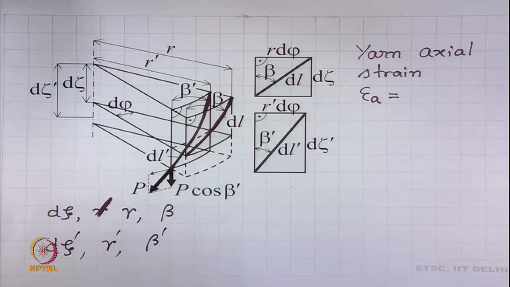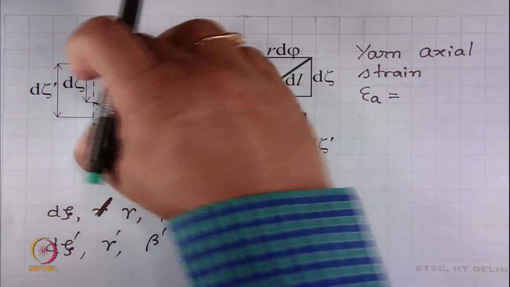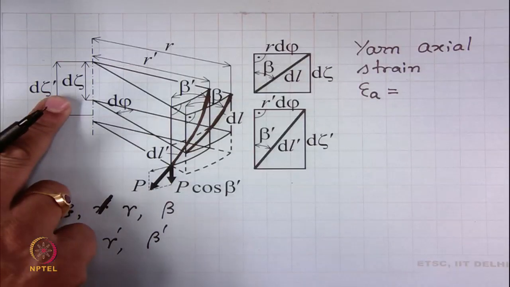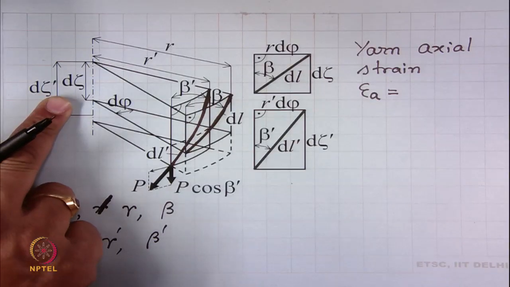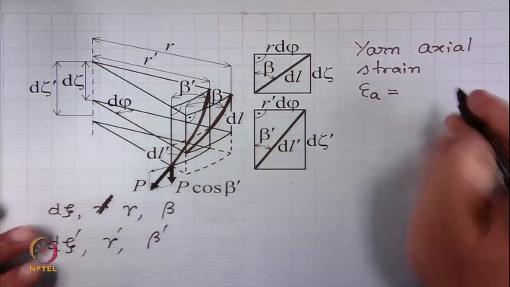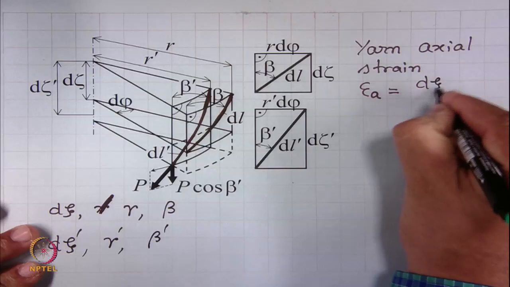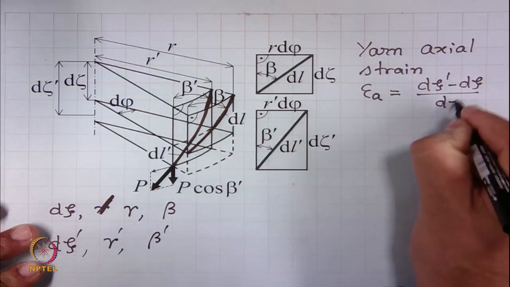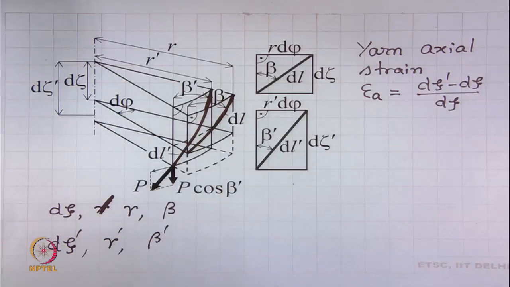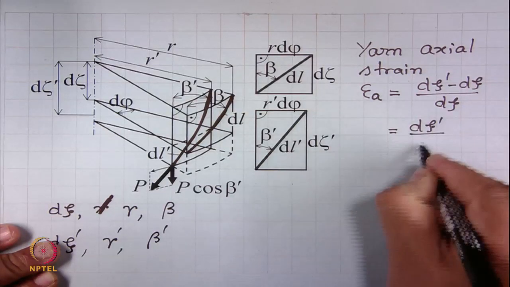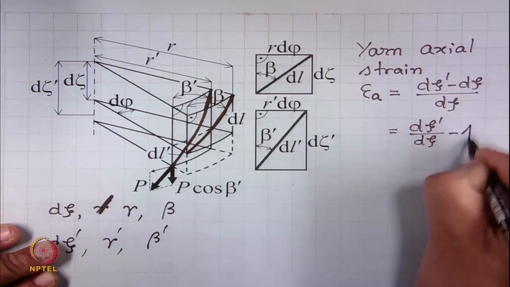So what is the change in the axial distance? d zeta prime minus d zeta is the change in the axial distance, divided by the original distance d zeta. So d zeta prime minus d zeta by d zeta is equal to d zeta prime by d zeta minus 1.